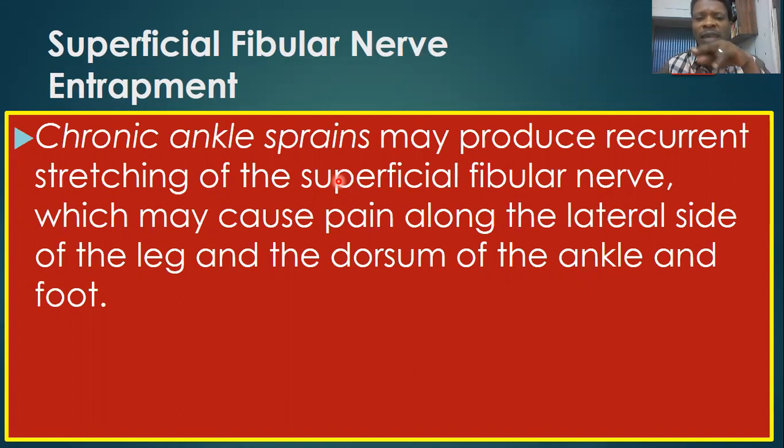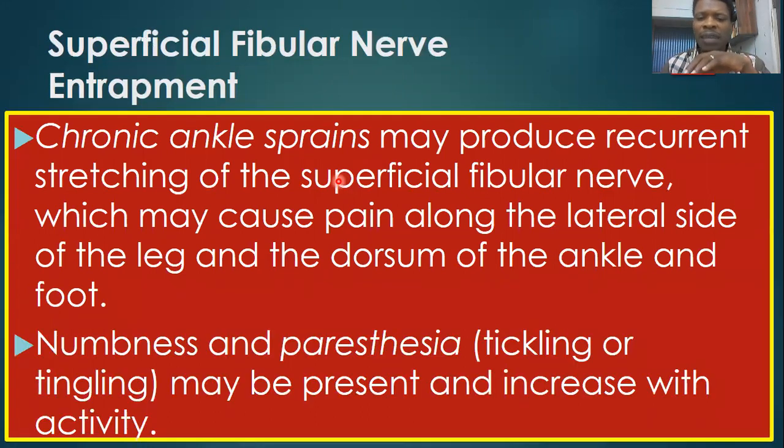So if there's an entrapment, remember this nerve is the one that supplies all the muscles in the lateral compartment. Of course, there is weak eversion of the foot, okay? And there will be numbness and paresthesia, and this may lead to tickling or tingling sensations.